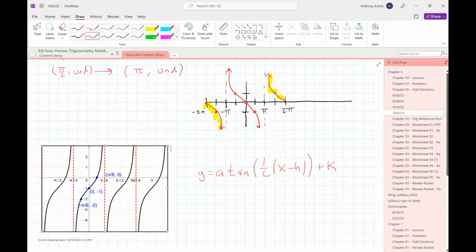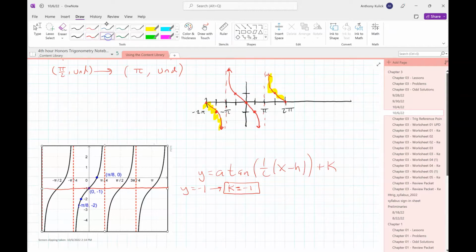So just like before, what do we like to start with? Midline. Where's the midline at? One. Right. Negative 1. Yeah, right here. Is everybody okay with that?